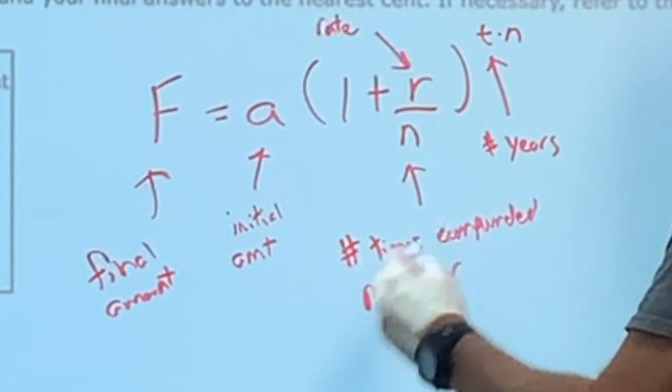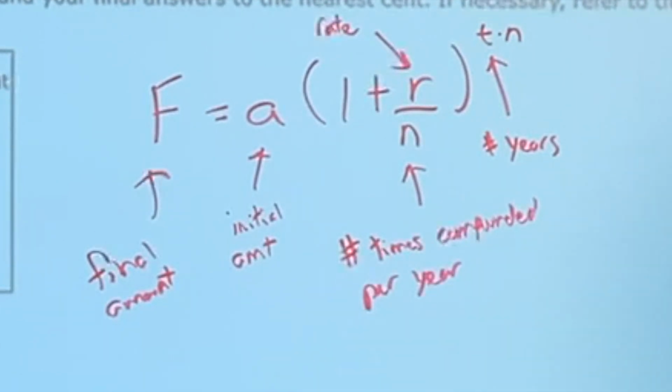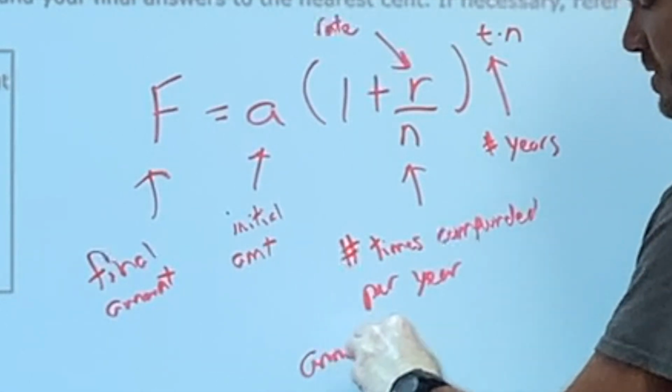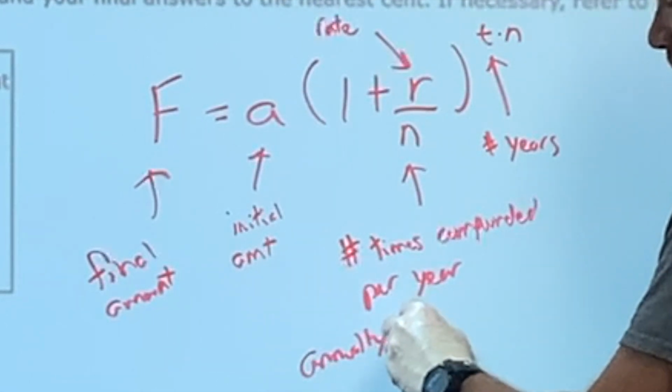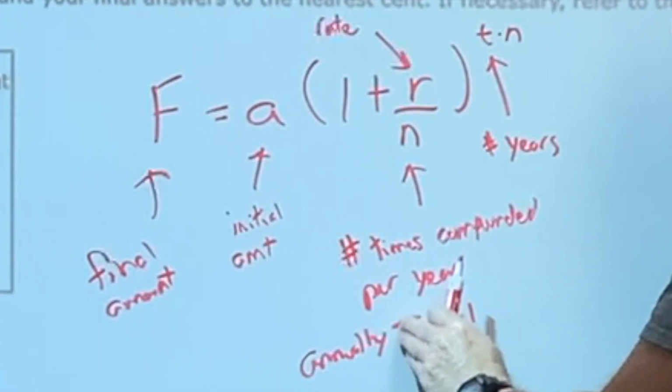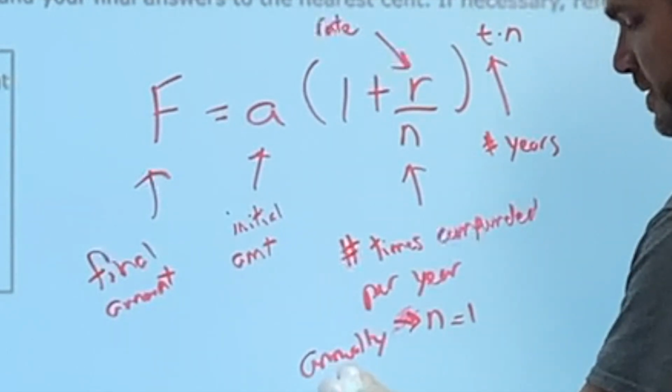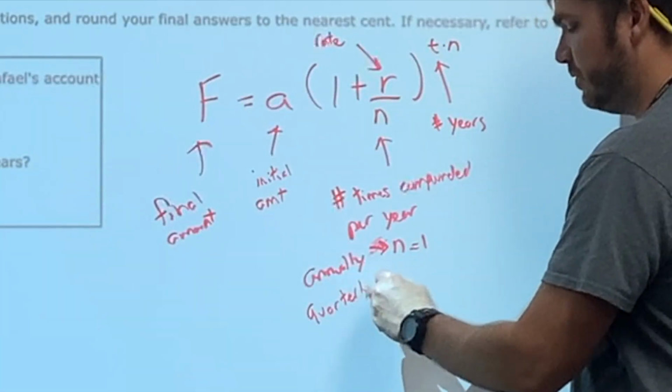per year. So if we're compounded annually, that means once per year, n would equal 1. If we're compounded quarterly, that's 4 times a year.